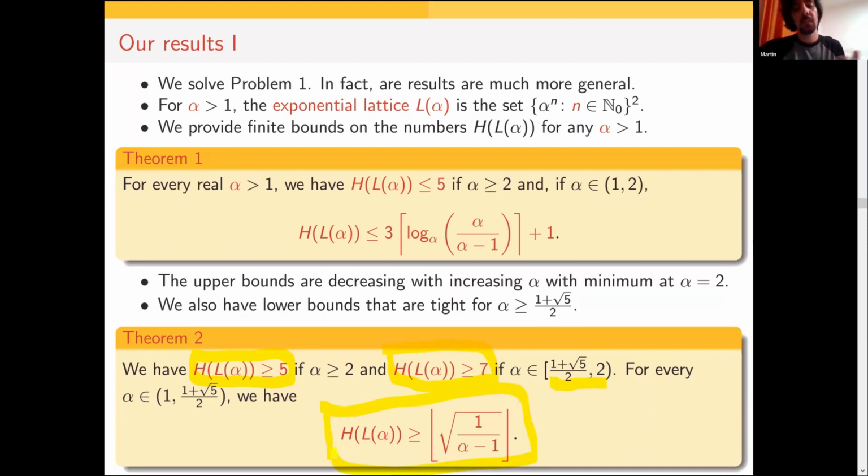So you can see that what I said is really true. As alpha gets smaller, the holes that we get, or the empty polygons, are getting bigger and bigger. So then the Helly numbers also grow and grow by this result of Hoffman. So our bounds are tight for alpha equal to 2.